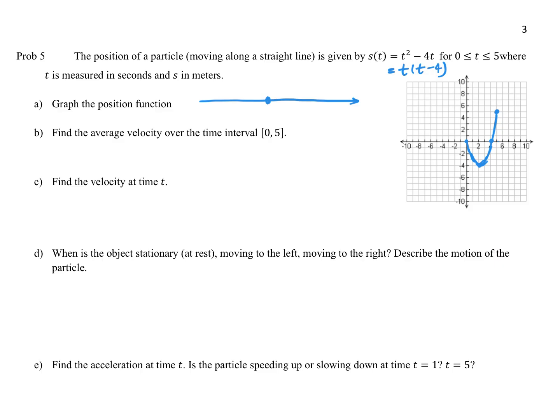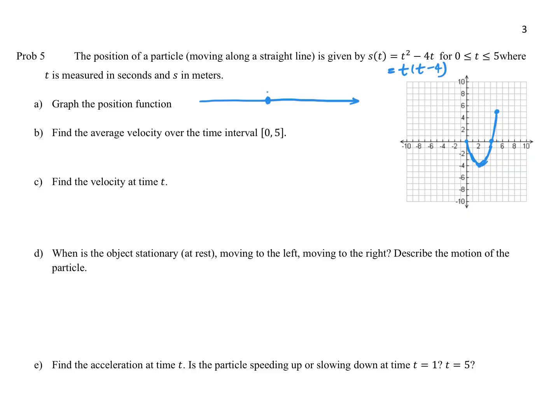Then when t goes from 0 to 2, its position is going towards the negative, and when t equals 2 it is at the far leftmost position, which is -4.